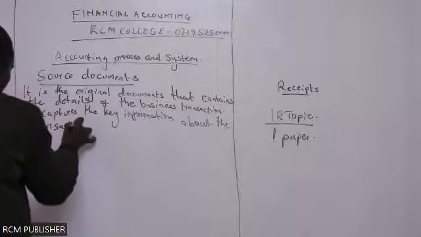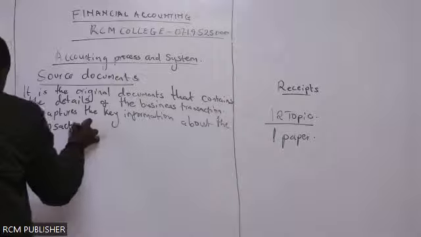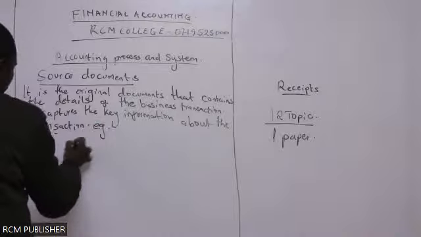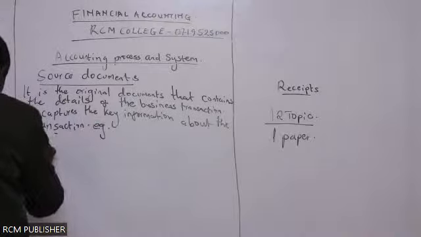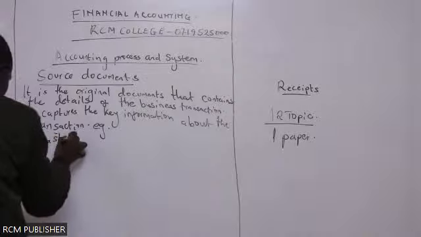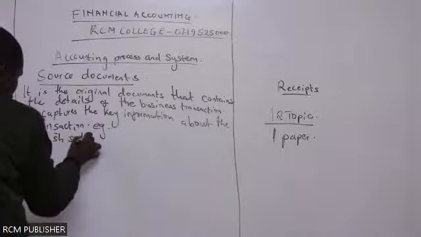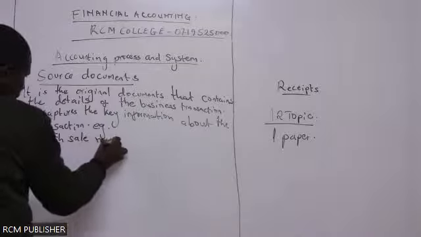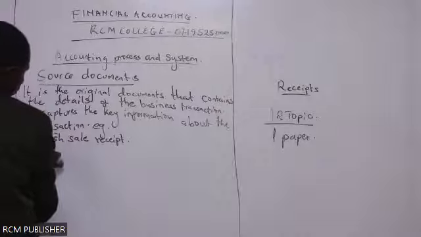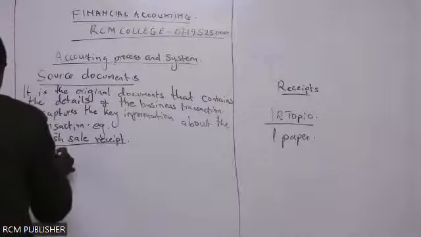For example, we were given one by one of us, a cash sale receipt. This is one of the source documents, and I've told you that this is the major one.